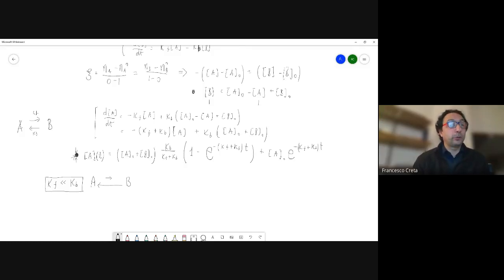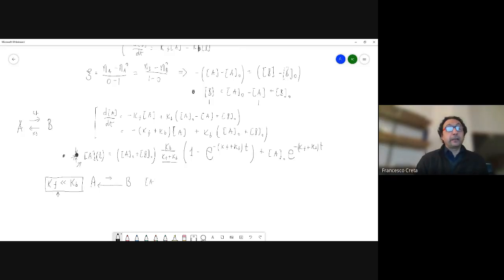So what I'm going to do is draw little dots like this, okay? Anyway, let's look at this expression here for A. Now, what happens if we have KF much smaller than KB? Look at, for example, this term here. KF is negligible, so you have 1 here.